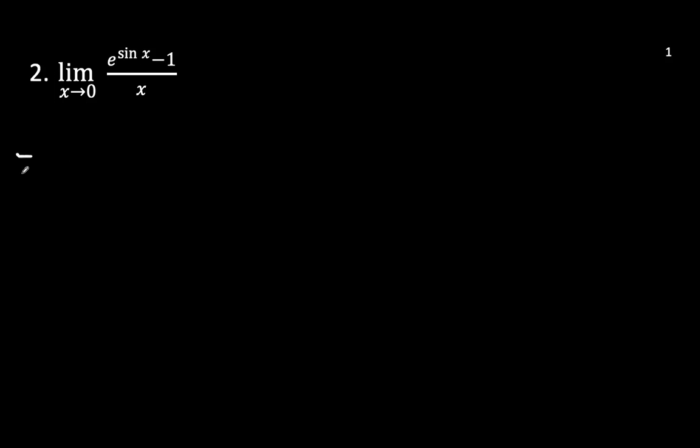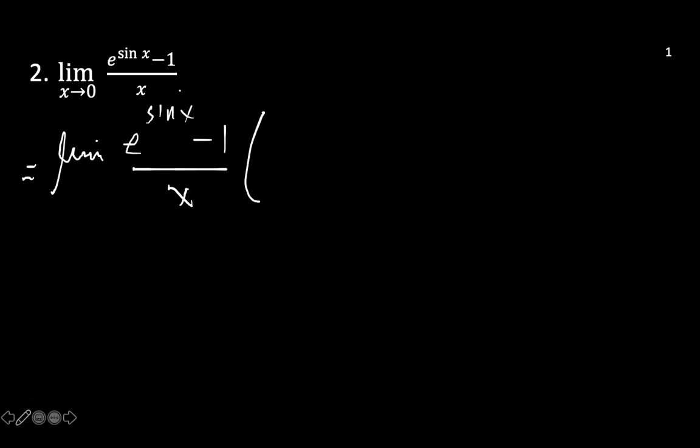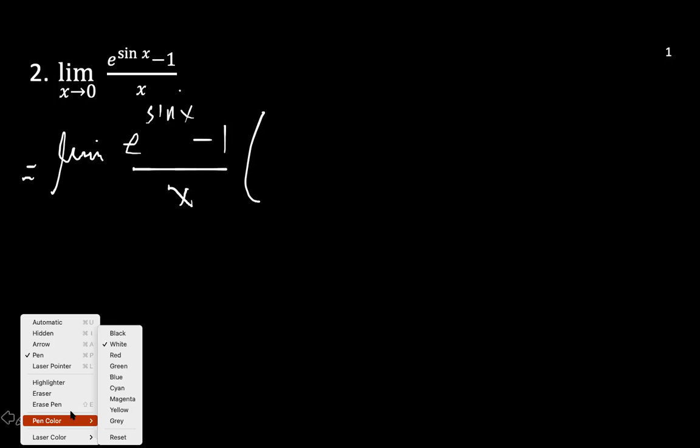So let's solve that. Okay, so we have the limit of sine x. So let me change that. Okay, so let's do it again. So the limit of e raised to sine x minus 1 all over x, again, we want to place sine x on the denominator for us to apply the given theorem.